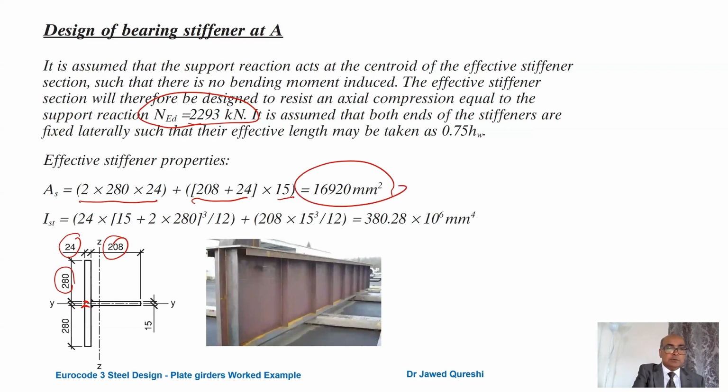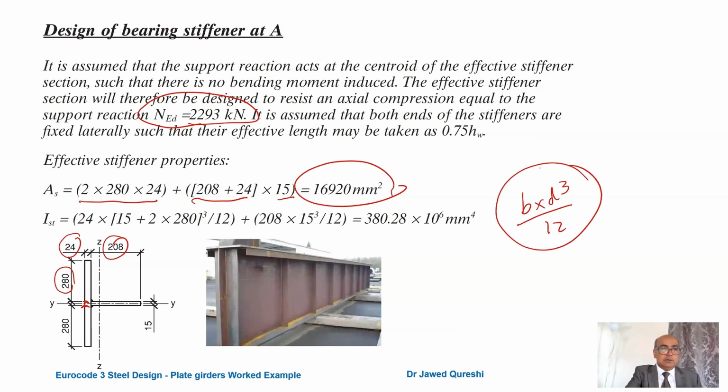And again, we have to work out the second moment of area because these are rectangular sections. So we will be using BD cube over 12. This is the second moment of area for rectangular sections. So first, 24 times 15 plus 15 is this value. So 15 plus 2 times 280. This will give us the entire height of the stiffener. And there is a cube on this. 24 times this value cube divided by 12.